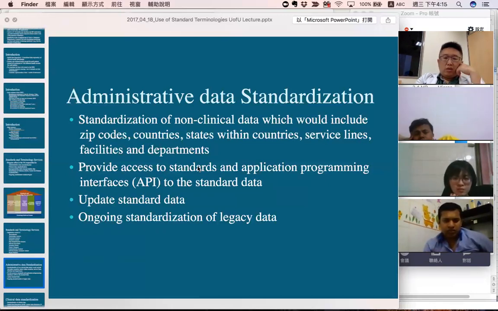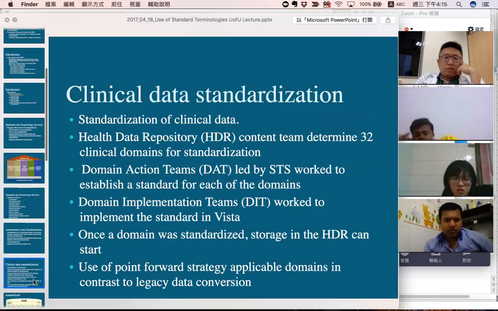So I just give you some idea about that. And we talk about a lot of clinical data standardization. We know the vocabularies, ICD-9, SNOMED, that information. Then for those clinical data, we do need an HDD.